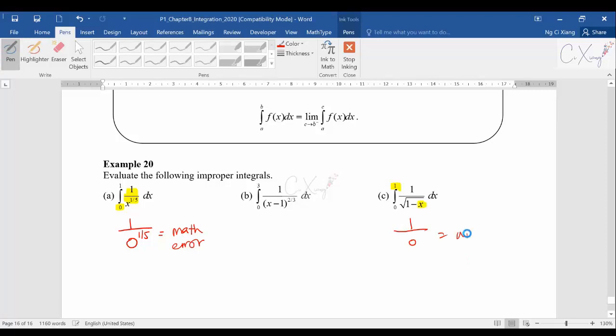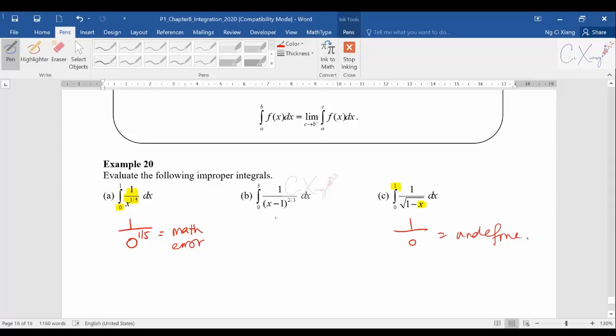So it is an undefined case. Therefore, we also put it under improper integration, because it should be undefined, but how can I actually try to integrate it? So it belongs to the improper integral part.